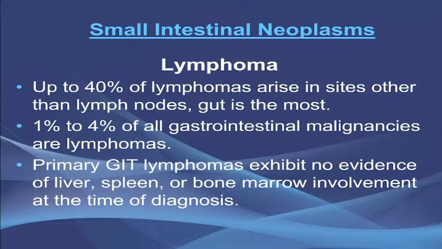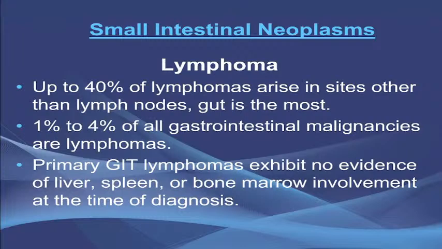Lymphomas of the small bowel. Remember, the gut has probably one of the largest amounts of lymphoid tissue other than lymph nodes, so up to 40% of lymphomas will arise in the gut. 1 to 4% of all GIT malignancies are lymphomas, so they're an important category.